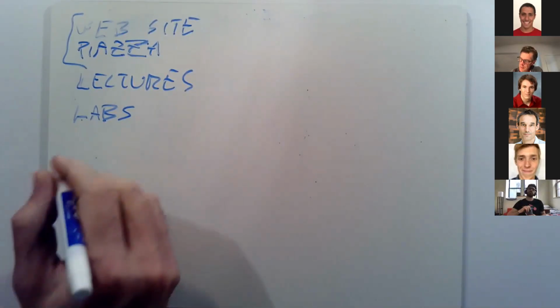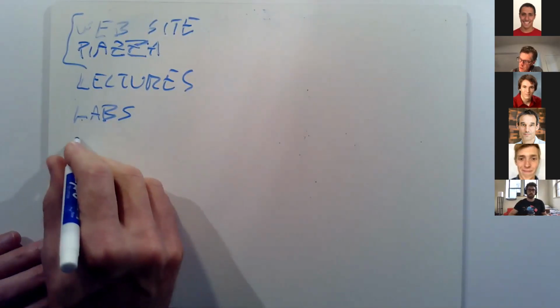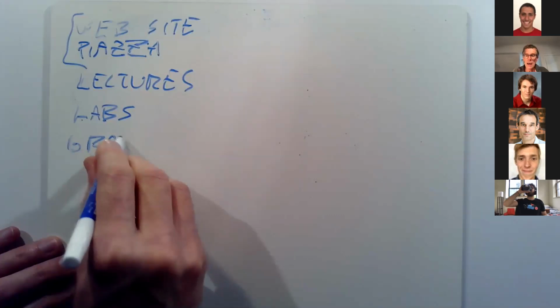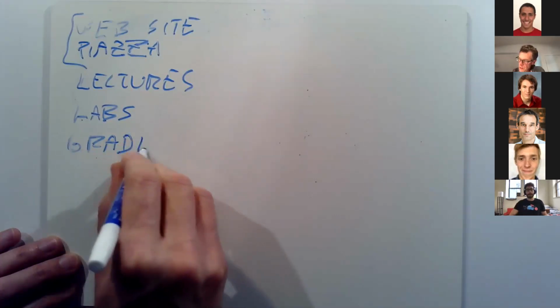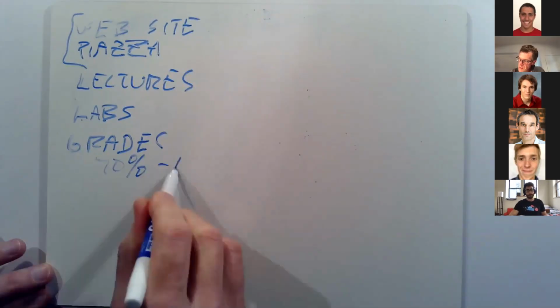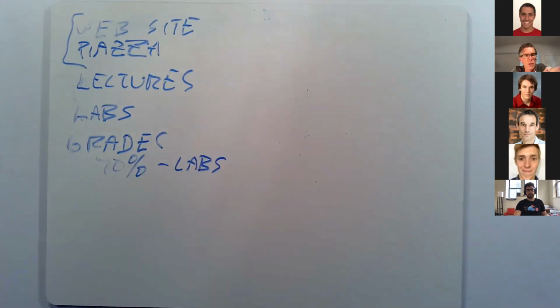The grading for the course will be mostly determined from the labs this year. So 70% of the grade will be based on whether or not the lab you submit passes the tests. And for grading, we run the same tests that we supply you.